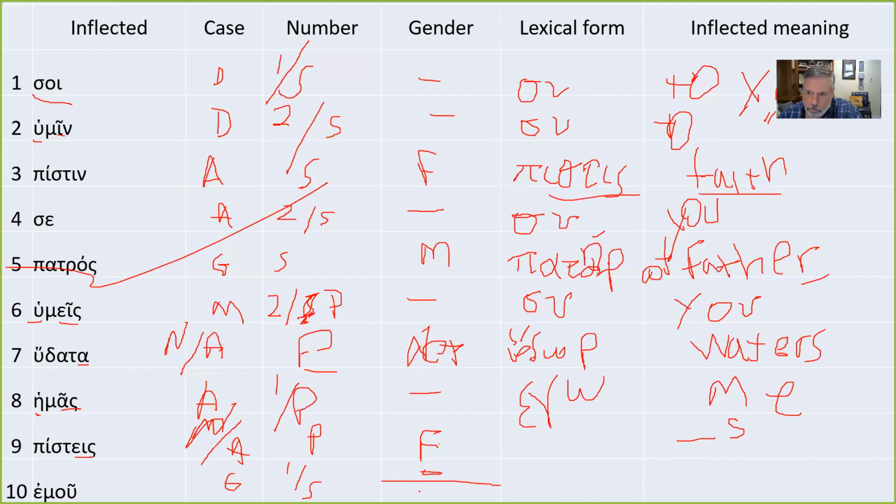But we'll leave it at that. Yeah, I'm going to leave it at that for now. Its emphatic form is emou, smooth breathing. Ego, smooth breathing. There we go. Accent mark. And it means my.